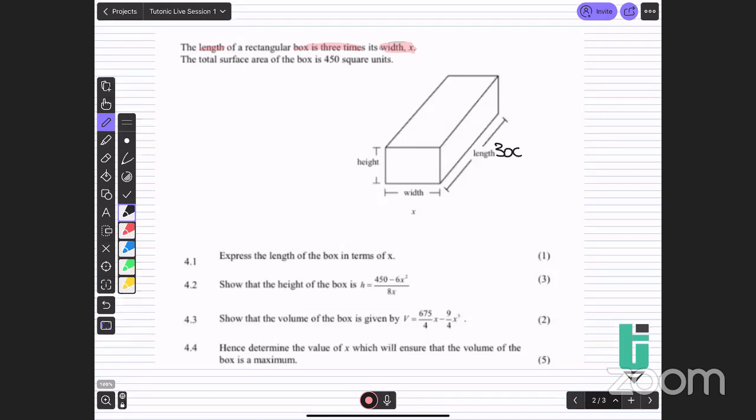The total surface area is 450. So when I read surface area again, it's just like I told you. If you read surface area, think to yourself, okay, what's the equation of surface area? Do you guys see what I'm saying? Because this is English.